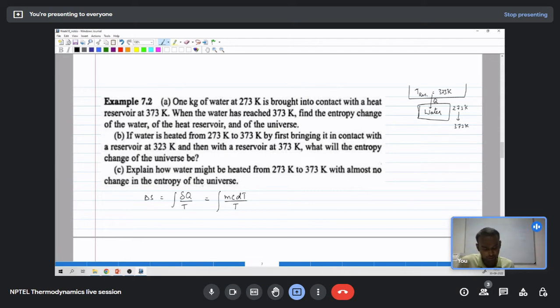Now we can assume mc to be constant, so it becomes mc into dT by T. While integrating, I would directly write the temperature limits here, which is from 273 Kelvin to 373 Kelvin. So this becomes mc into ln of T2 by T1, from 273 to 373.